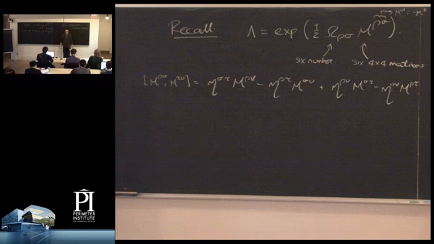So what happens is there's a classification, for the Lorentz group, of these representations. And the classification is in terms of spin 0, a half, 1, 3 halves, and so on.